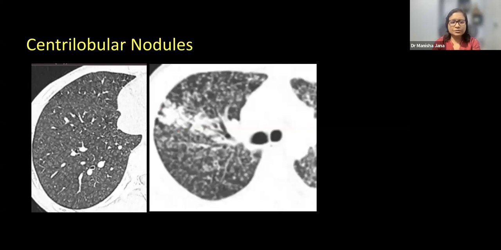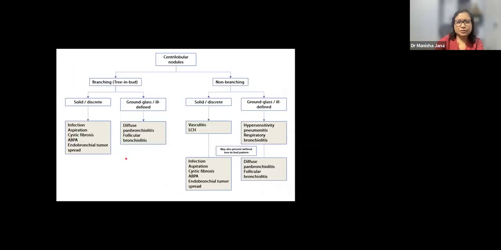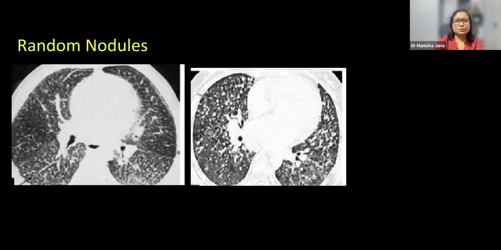So this is typical of endobronchial spread of infection or even bronchiolitis of other causes. So this is mainly active exudate formation within the bronchi and clogging them. So these are the two different types of centrilobular nodules. So this is a graph of different causes of branching and non-branching kind of centrilobular nodules.